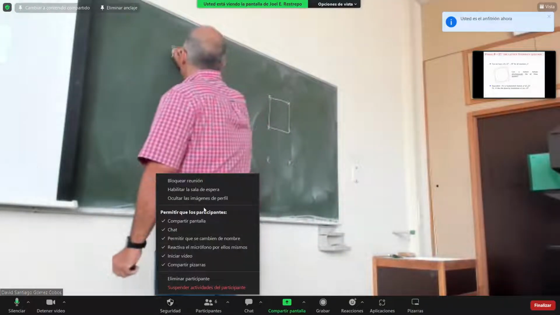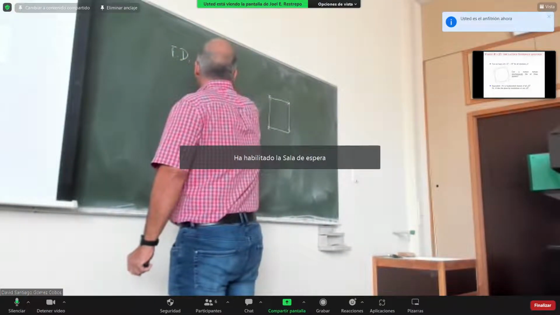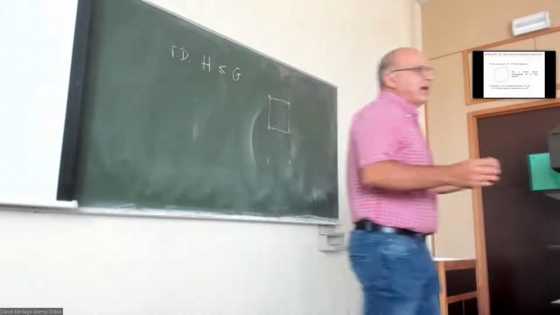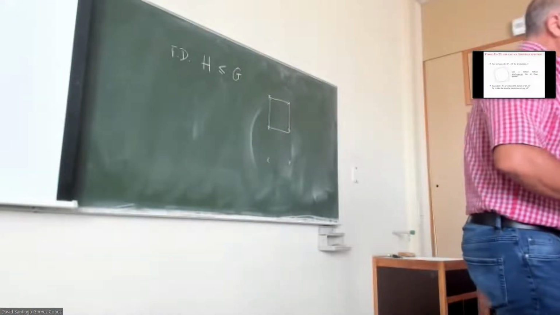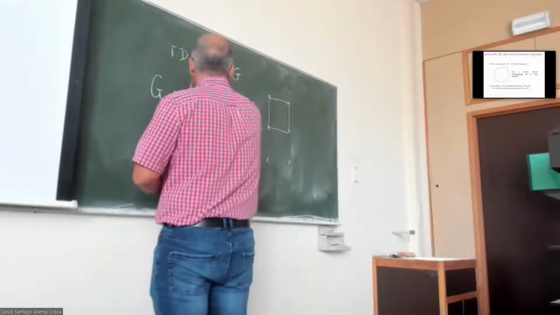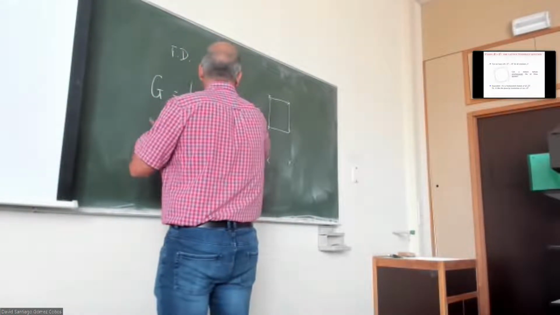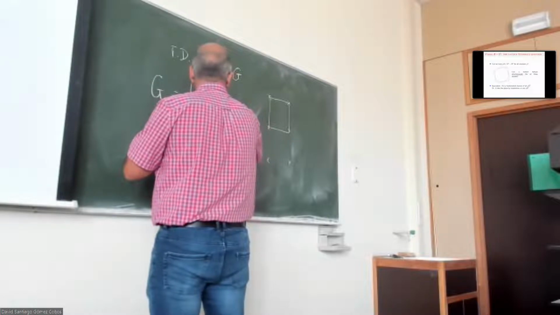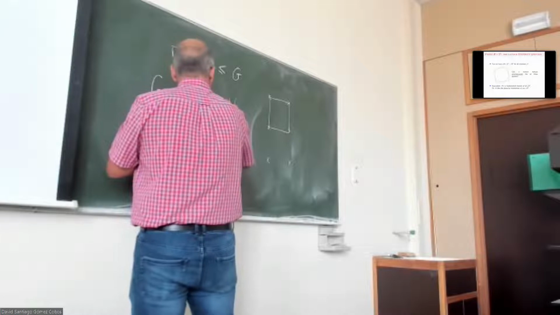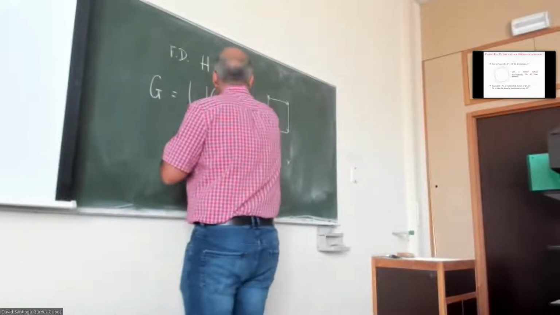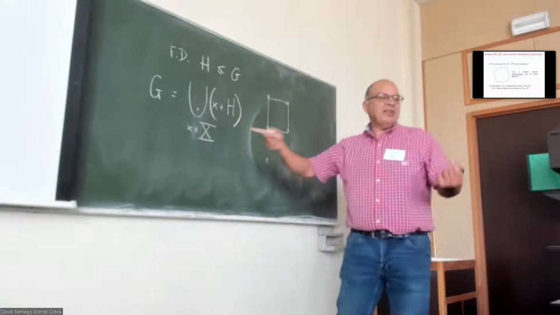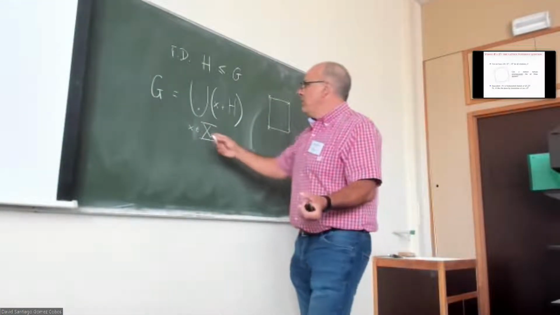A fundamental domain of a group H inside a group G is exactly a selection of one point from every coset of H. We all know that G can be partitioned as, so everything is abelian here, x plus h, where x belongs to some set. Any selection of one point from each coset is called a fundamental domain, and it is exactly what it means to tile by H.